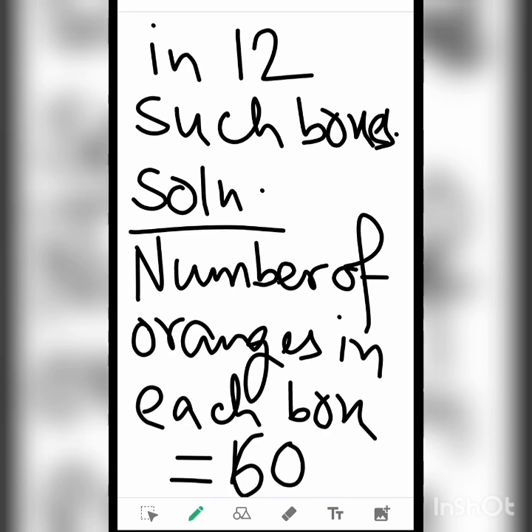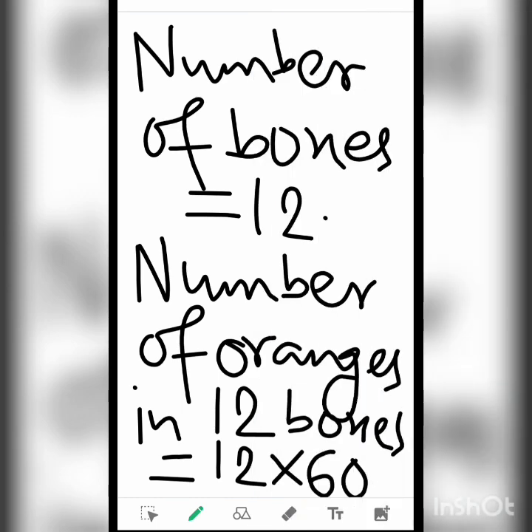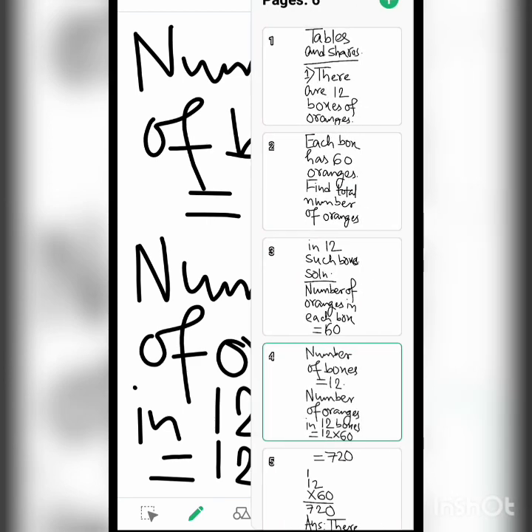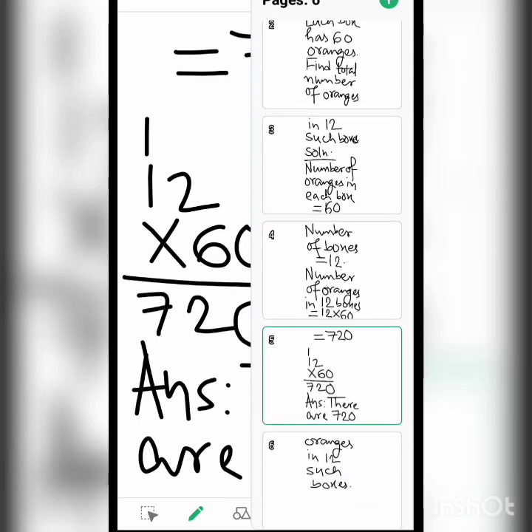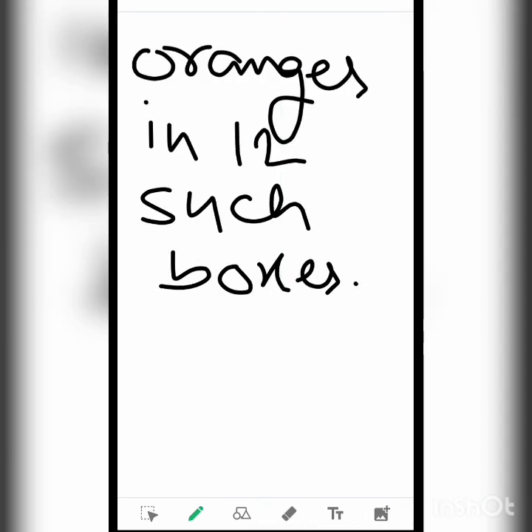Number of oranges in each box is equal to 60 and number of boxes is equal to 12. So number of oranges in 12 boxes is equal to 12 multiplied by 60. Finally we'll get 720 as the answer. So there are 720 oranges in 12 such boxes. This will be the end of our first question.